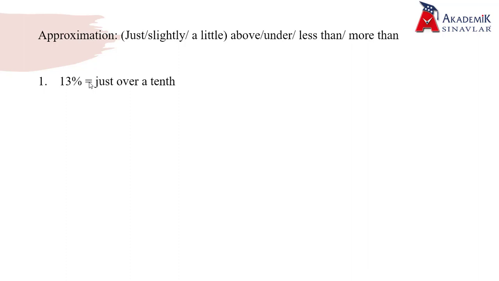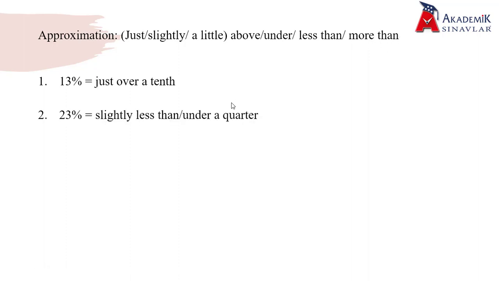For example, here, 13% is close to 10%, right? What did we say for 10%? We said 1/10 or 1 out of 10 or a tenth. So 13% is just over a tenth or more than a tenth.